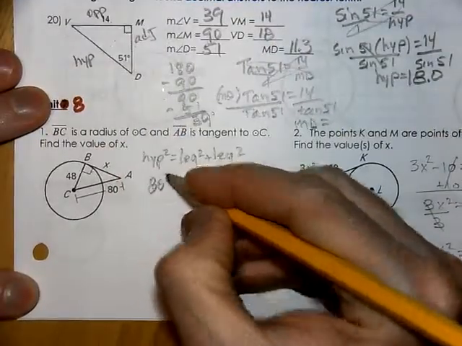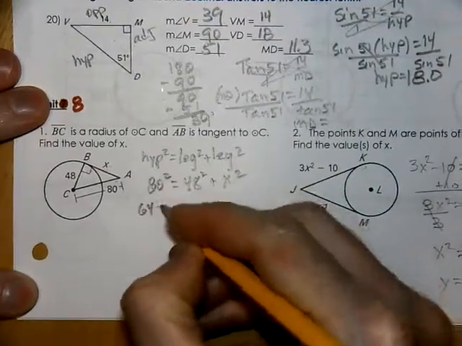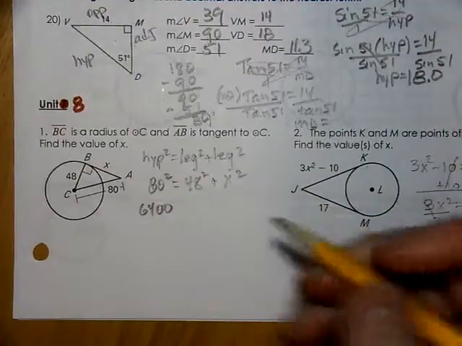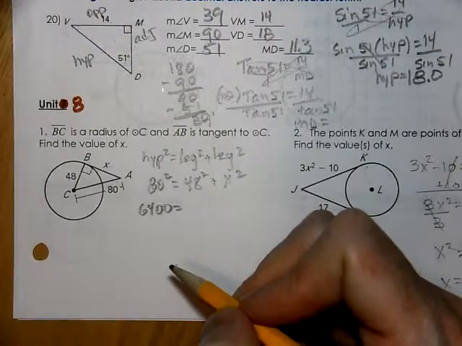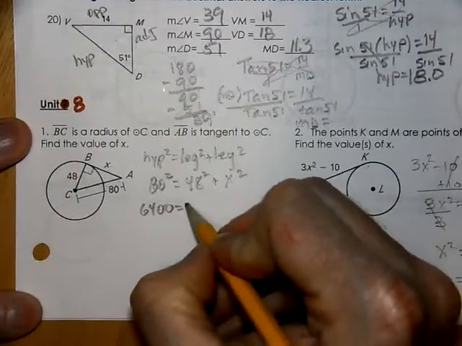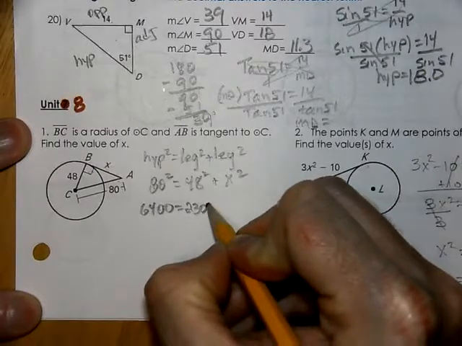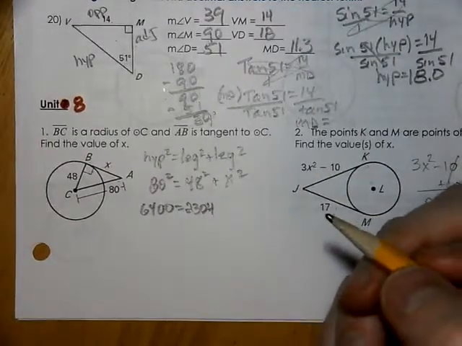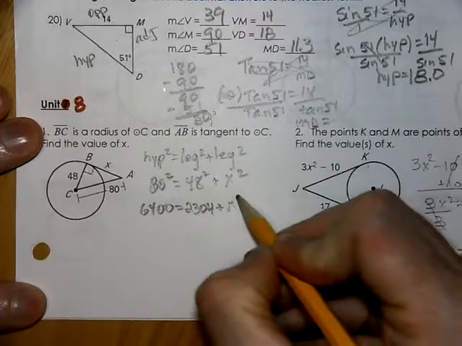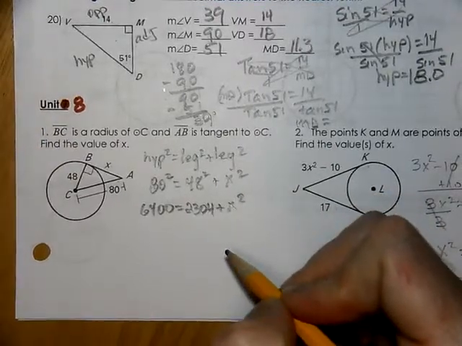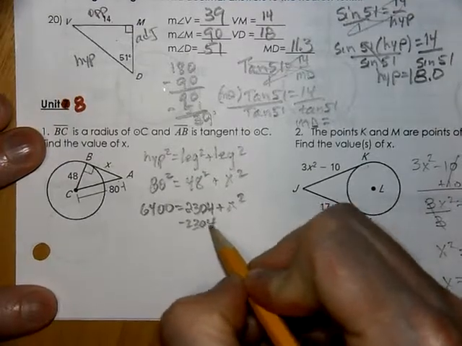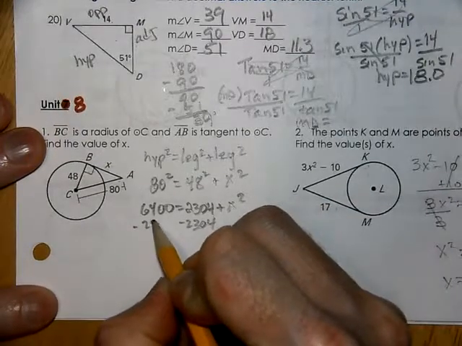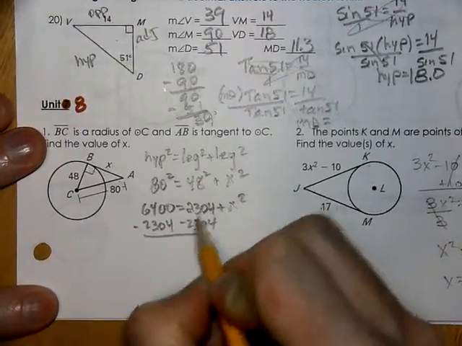80 squared is 64 with two zeros, so 6,400. 48 squared is 2,304. So we're going to take the 6,400 and subtract the 2,304.